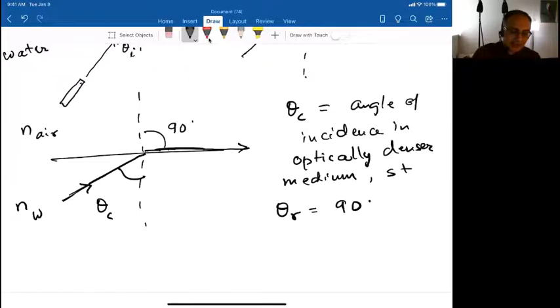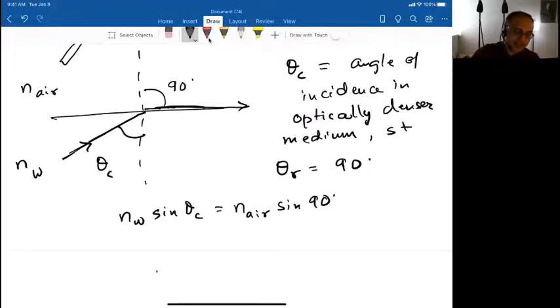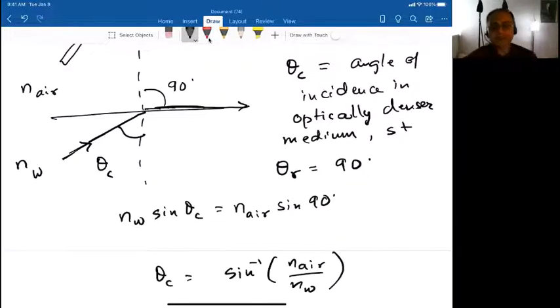Applying Snell's law, n water sin θc is equal to n air sin 90. Sin 90 is 1, so θc is sin inverse of n air divided by n water, which is sin inverse of approximately 1 divided by 1.33.